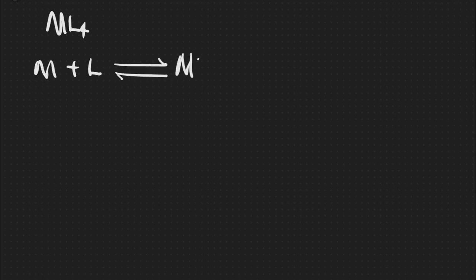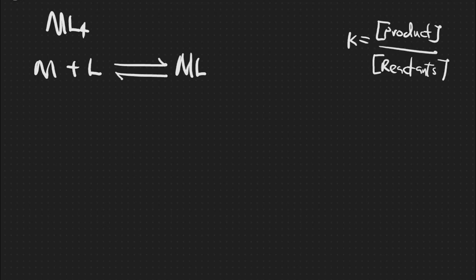So remember that we are going to form this complex, right? The first step is to react the metal plus the ligand. But before we proceed, there is what we call the equilibrium constant in every reaction in chemistry. This equilibrium constant, which is usually represented by K, is actually the concentration of the product divided by the concentration of the individual reactants.